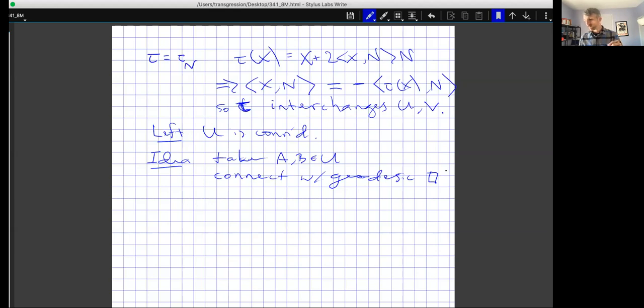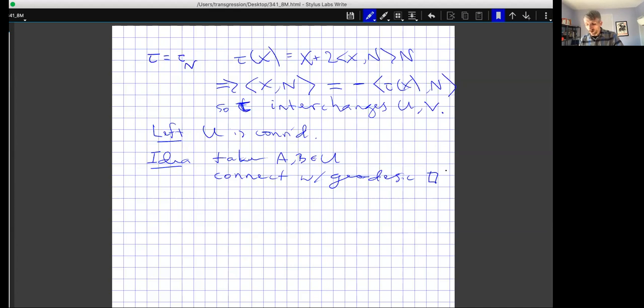And it's either going to be positive or negative. It's either going to be in U or in V. And when it's positive, we call that the negative side. And when it's negative, we call it the positive side of the geodesic. So that's just a funny bit of terminology.